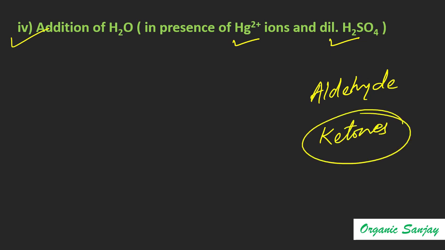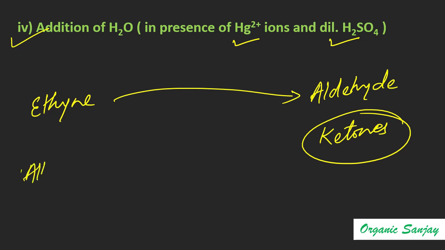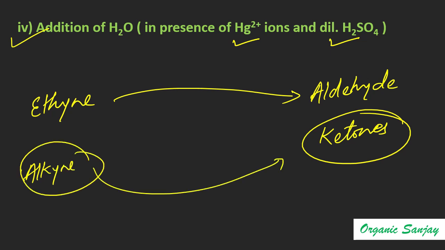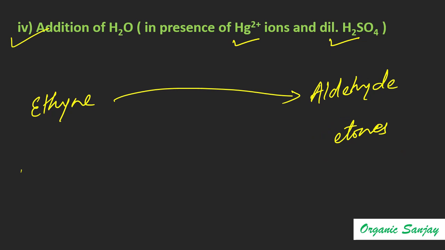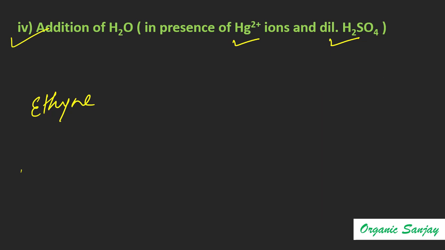If our starting molecule is ethyne, we can obtain aldehyde from this reaction, and if our starting molecule is any other alkyne, then we can obtain ketone as the final product. So this is a very useful reaction for preparing carbonyl compounds.